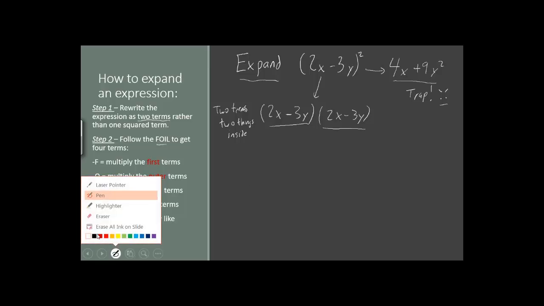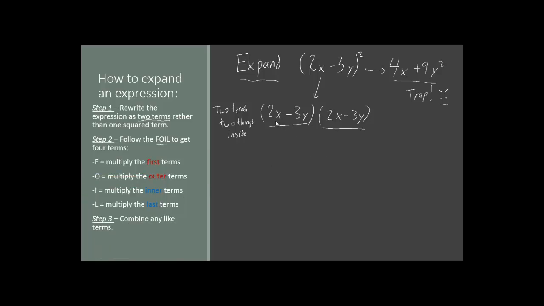What we have to do for the FOIL method is first multiply the first terms together. That is, this 2x with this 2x. Well, 2 times 2 is 4, and x times x is x squared. That's the first step. The second step is to multiply the outer terms together.